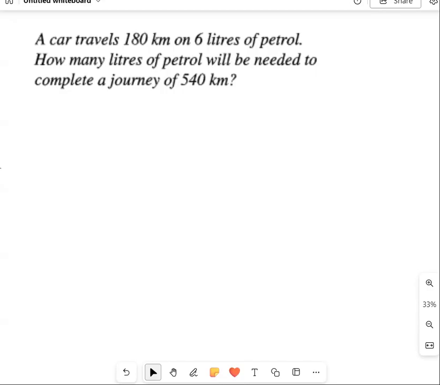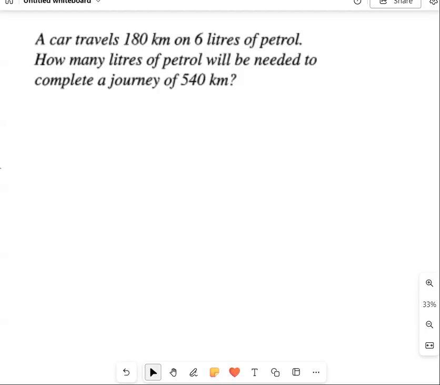Yes. So they're saying here a car travels 180 km on 6 liters of petrol. How many liters of petrol will be needed to complete a journey of 540 km? Right?